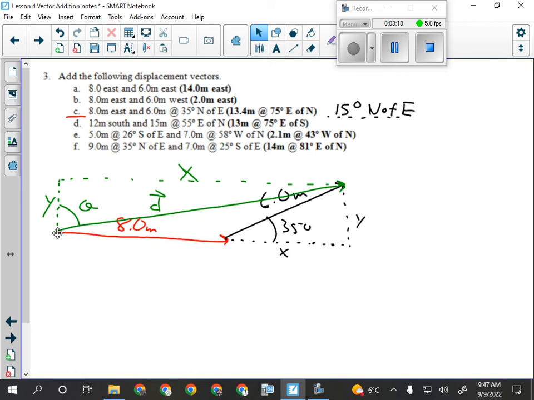Okay, so our next few steps here, we got to find all of our x's and all of our y's. So black x will be the cos of 35 times 6. Y will be the sine of 35 times 6, because x is adjacent and y is opposite.